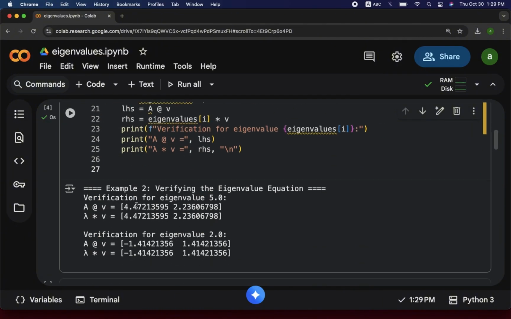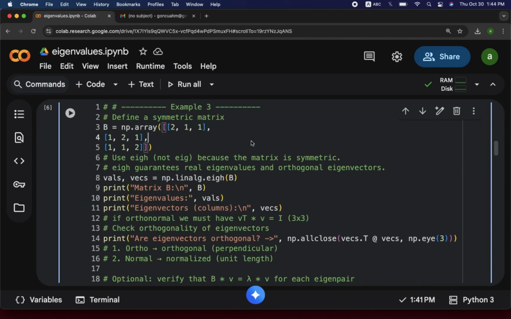We can see that A times V is equal to lambda times V, which is our eigenvalue problem. We are just verifying that the eigenvalues and eigenvectors we obtained indeed satisfy the eigenvalue problem. It's a nice example to demonstrate that our answer is correct.